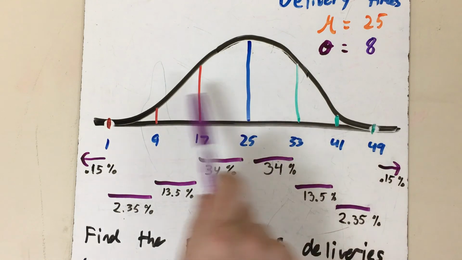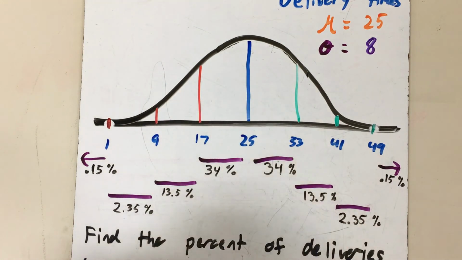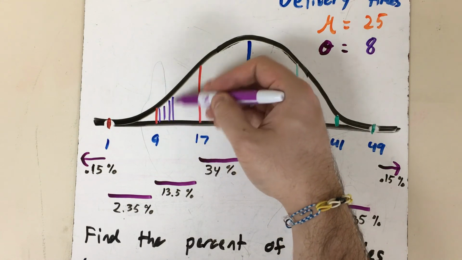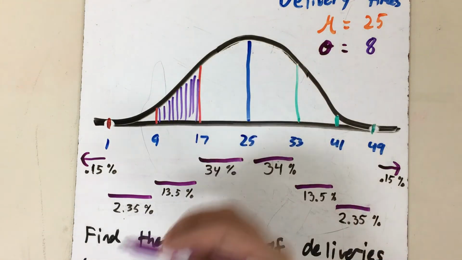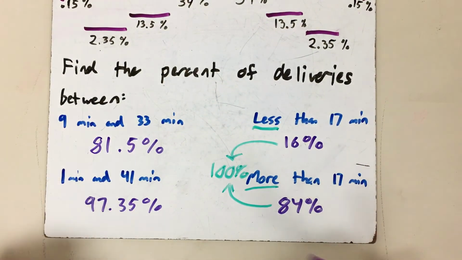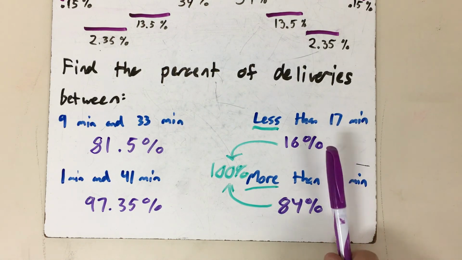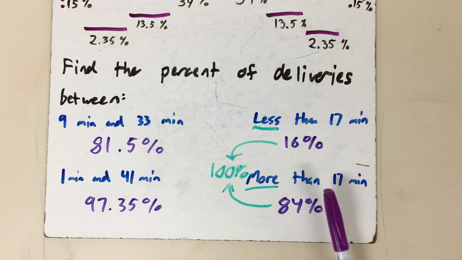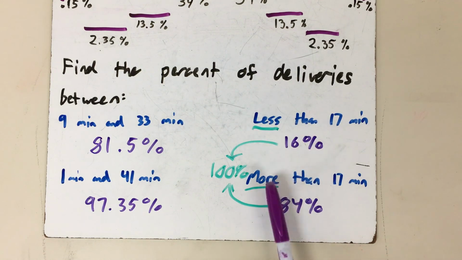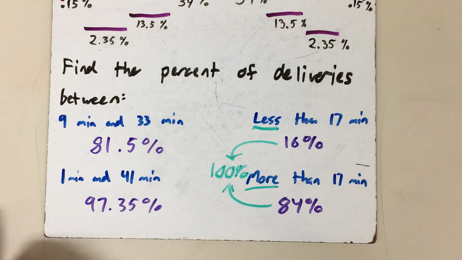But all these little lines, and if I were to actually draw them, I'll go ahead and do that here, we have a whole bunch of little lines under this curve that are grouped so close together that they actually come together to give us the different percentages of data that we're dealing with. So just to reiterate, we do not have to count the number itself as something, even if we see less than and more than, because in statistics language and the calculus that this idea comes from, it basically represents nothing.